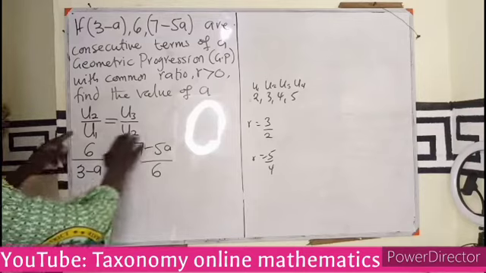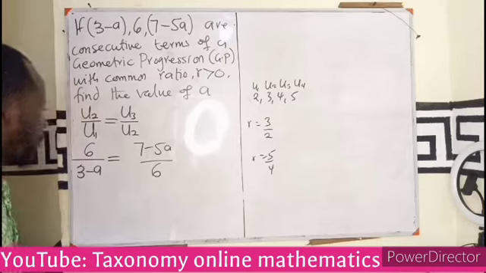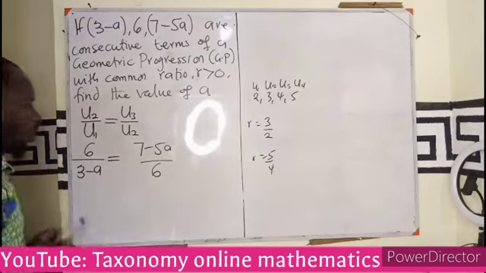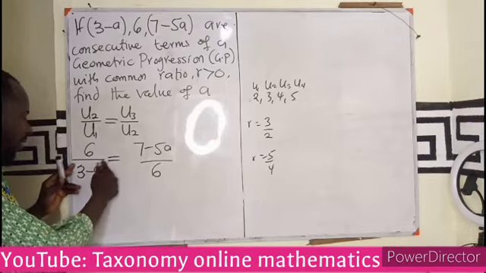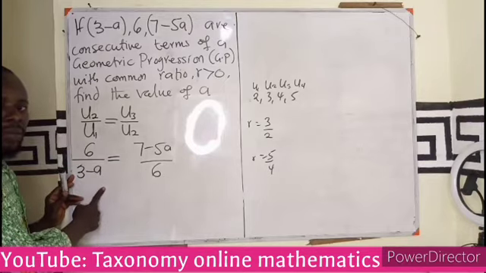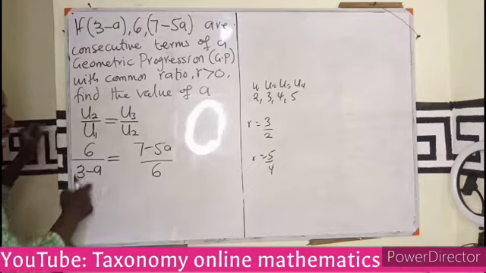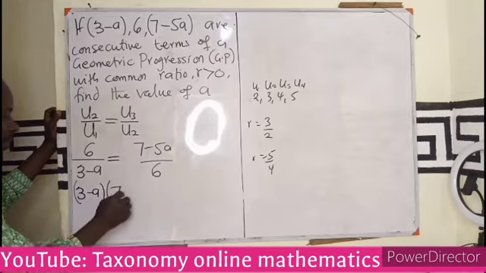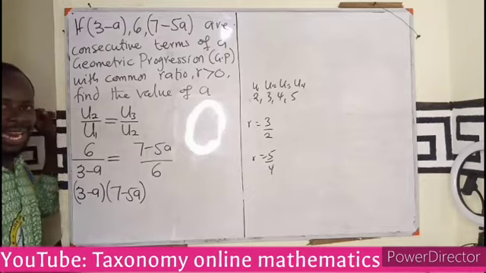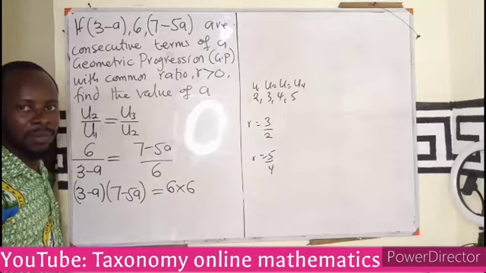Now this becomes a fraction which we can equate as an equation. We can cross multiply, or look for the LCM, but I prefer to cross multiply. So we have 3 minus a in one bracket, 7 minus 5a in another bracket, equals 6 times 6.